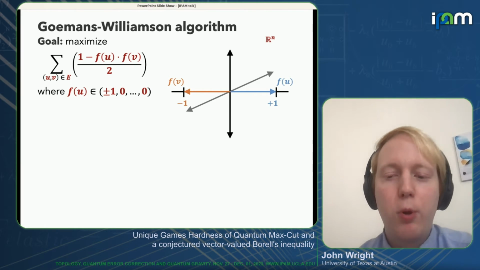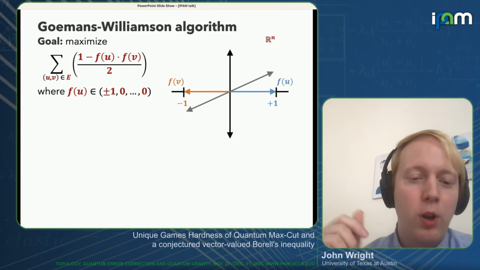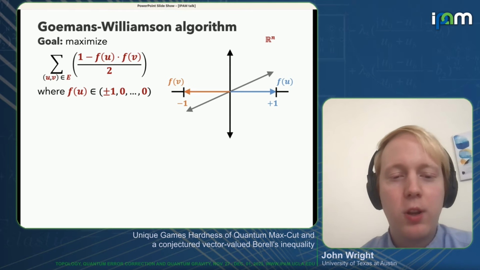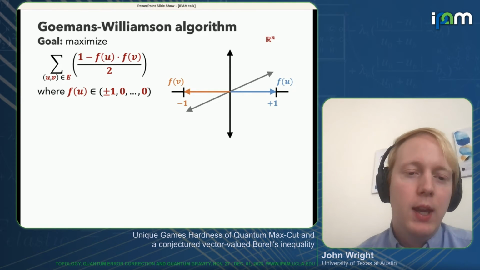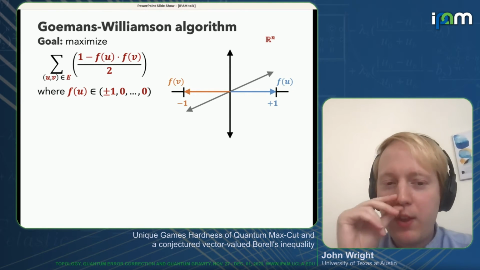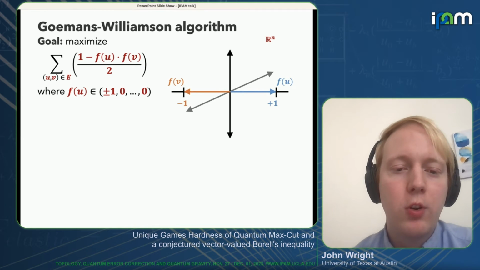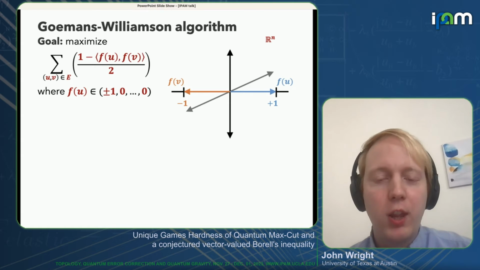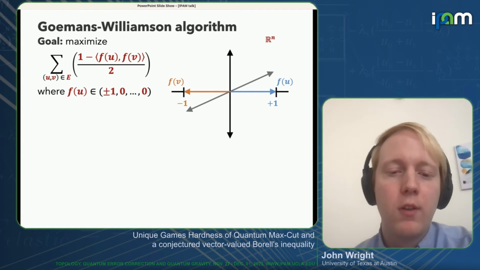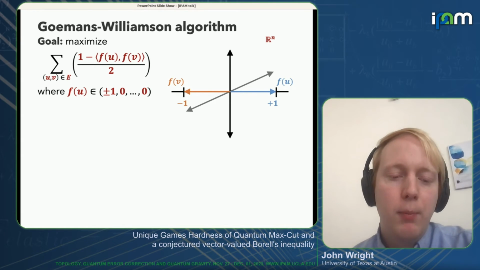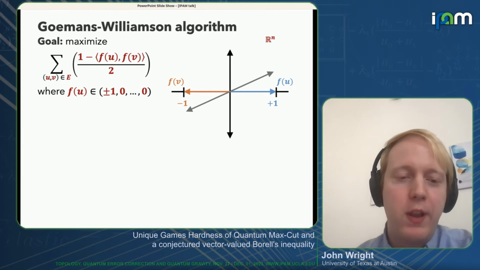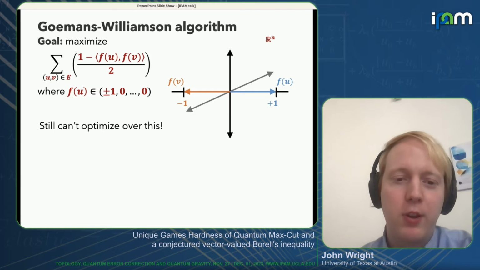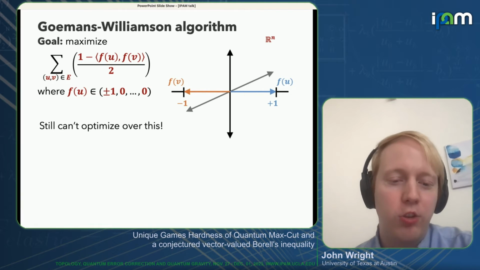Either you can point to the right and have +1 in your first coordinate and zeros everywhere else, or a -1 in your first coordinate and zeros everywhere else. And in the expression, instead of having f_u times f_v, I'm going to look at the dot product of f_u and f_v. Okay, nothing has changed. I've just embedded it into larger dimensions. But we still can't optimize over assignments that look like this. Why is this? Well, these just correspond to max cut assignments. Nothing has really changed.